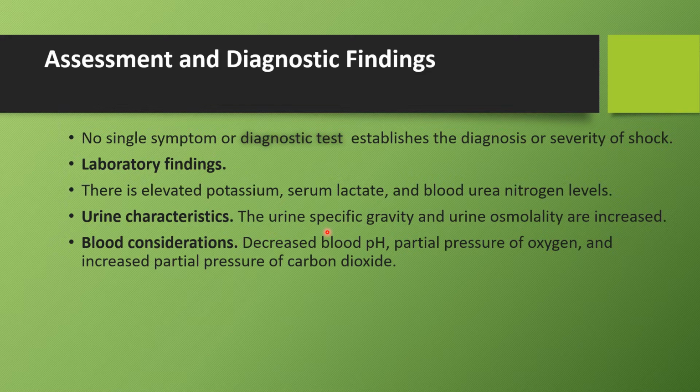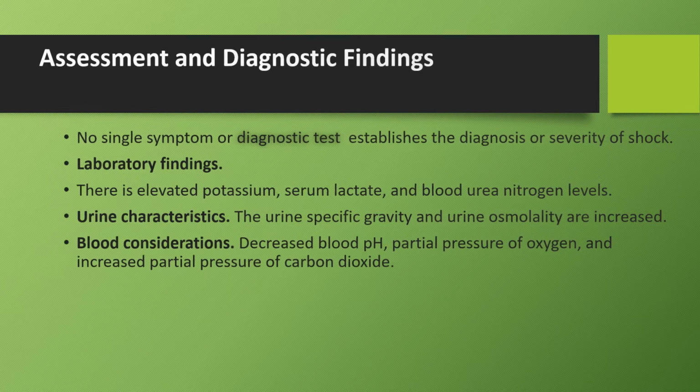If the patient has hypovolemia, please check the urine test diagnostic report. In that they have mentioned the specific gravity and the osmolarity. So what is the value? Then you will get to know they think the patient has hypovolemia. Then blood consideration. In blood, they will see the blood pH, oxygen level, then carbon dioxide, everything they will see. Okay, next please.